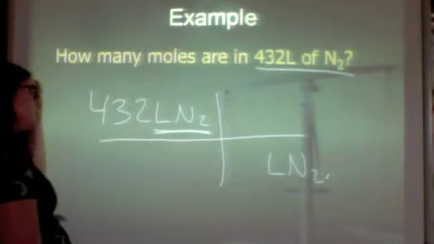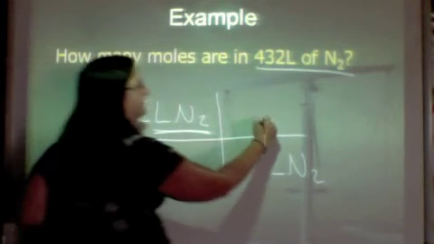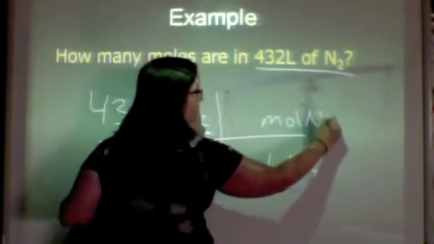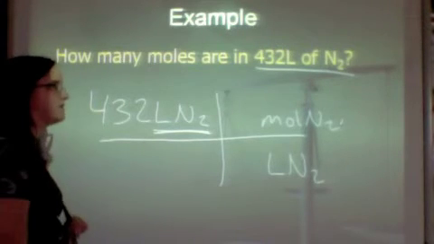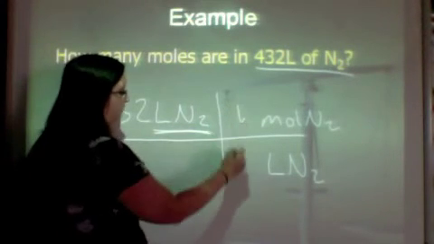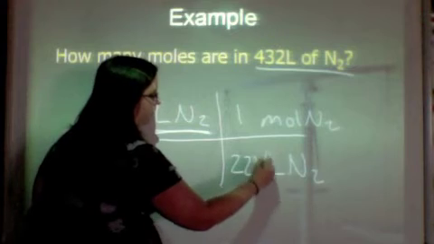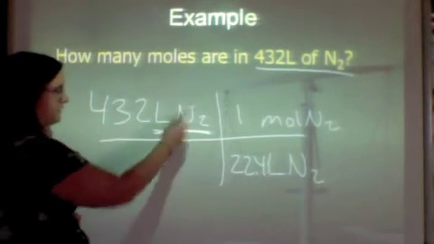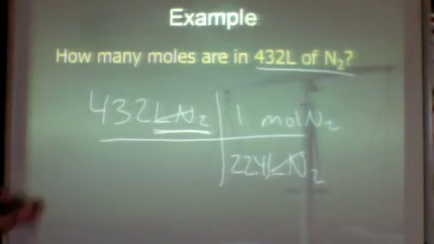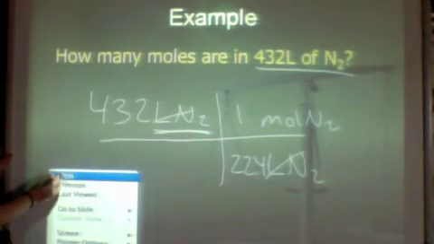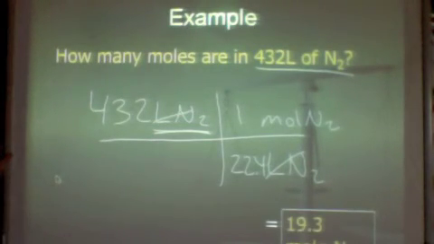Whatever you're trying to get to goes on top, so we're trying to get to moles of N2, so that goes on top. Looking at the conversion factors that we've learned, 1 mole equals 22.4 liters. Liters cancel. Moles is what we need. Multiply the top, divide by the bottom. And you should get 19.3 moles of N2.